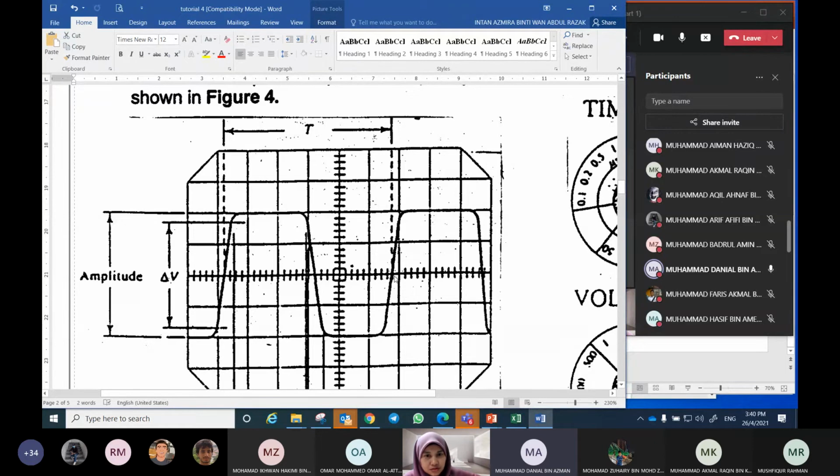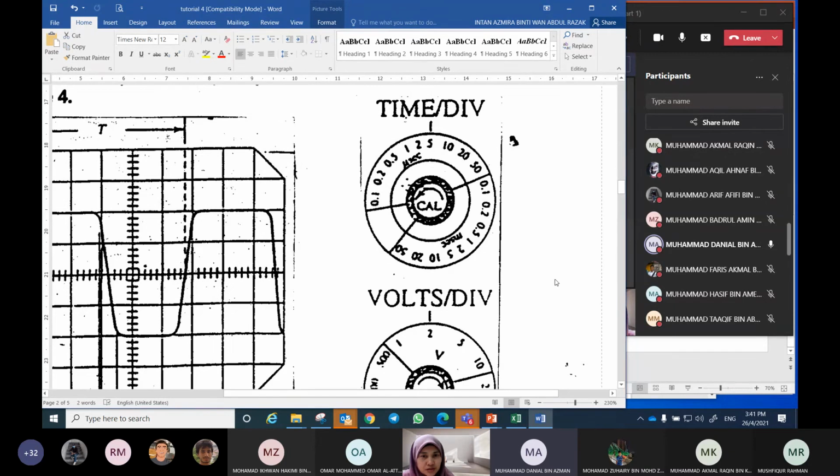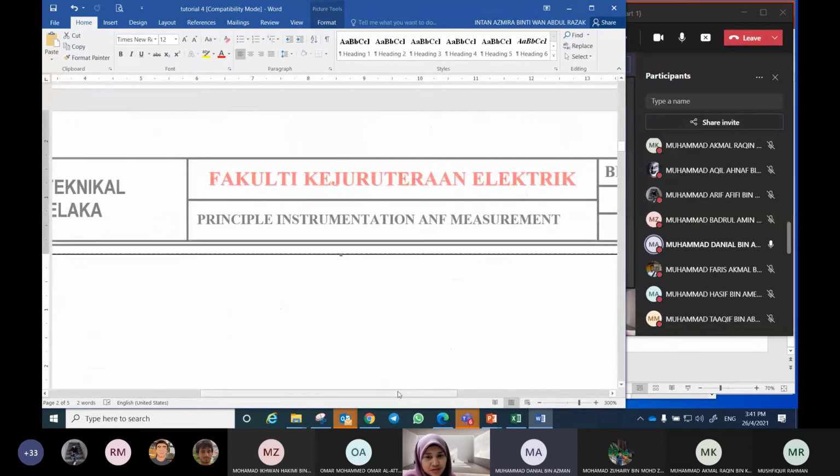So you count one full division: 1, 2, 3, 4, plus 0.8, you get 5.6. And then what to do? Multiply with time per division. What's the setting? 5, but here it is micro. 5 micro.